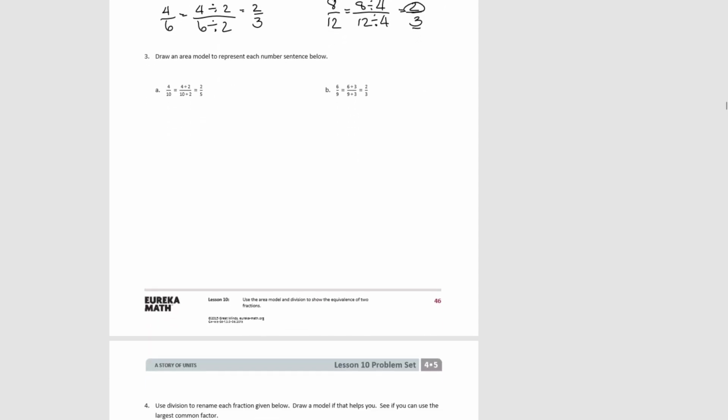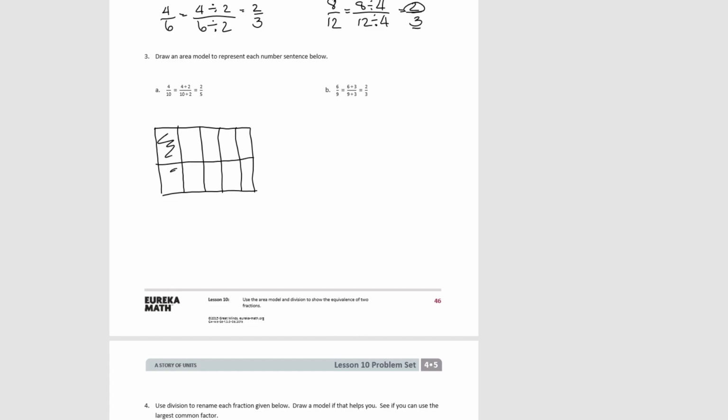For number 3, it says to draw an area model to represent each number sentence below. So pause the video and try A. For A, our total number of units to start with is 10. So we're going to show our area model with 5 columns and 2 rows, total of 10.